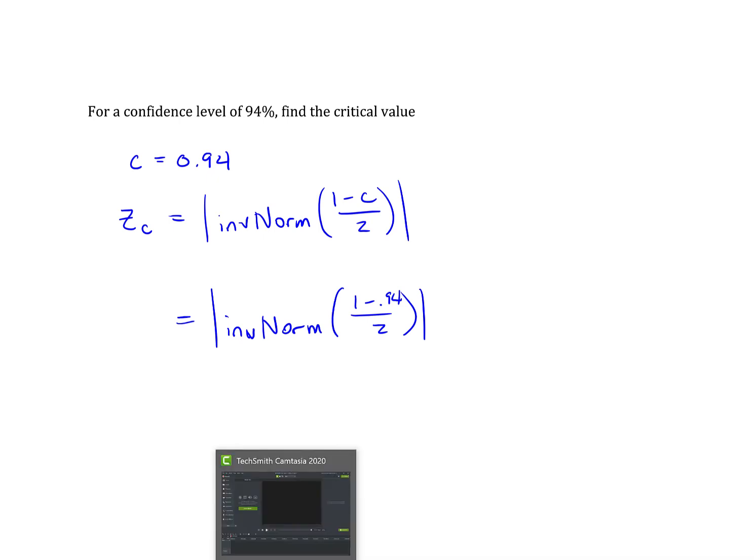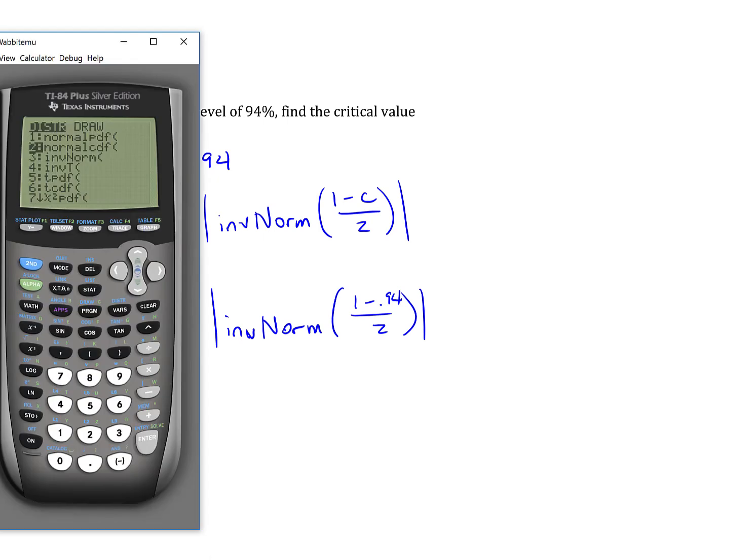All right, so if I come up with my calculator and just start off with 1 minus 0.94 divided by 2, I'm looking for 0.03 in the lower tail. Since inverse norm can do the lower tail distribution, if you hit second and vars and come down to inverse norm, just put your lower tail distribution area in.